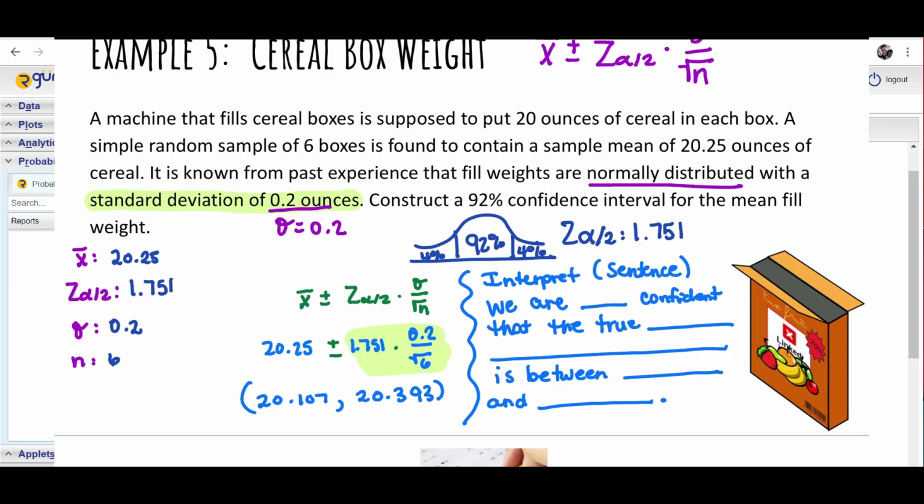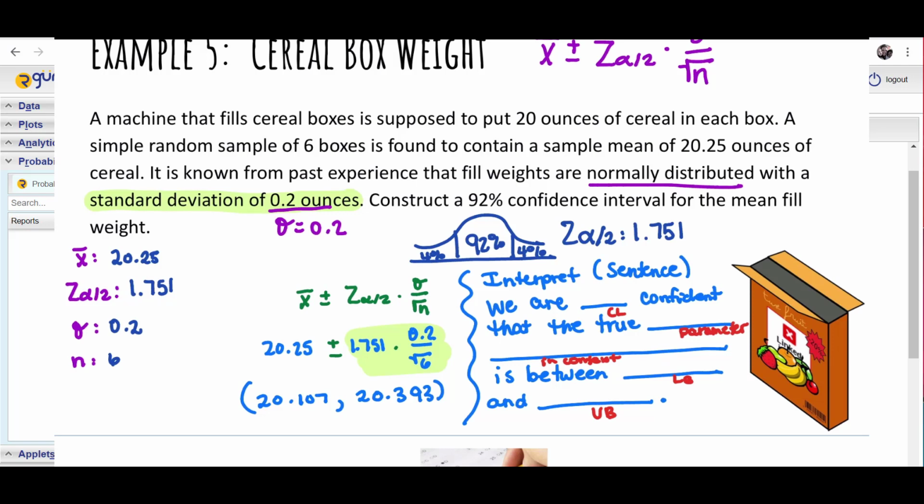You write a sentence. This is we are, and then you are going to put the confidence level percentage that the true parameter in context is between the lower boundary and the upper boundary. And that's what you're going to fill in.